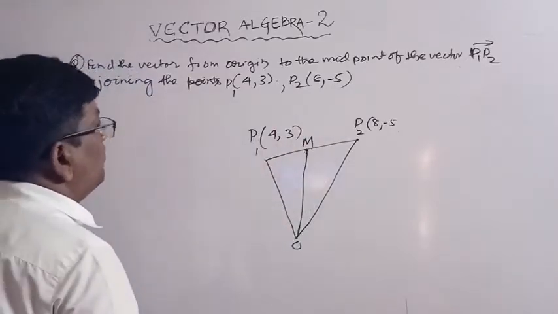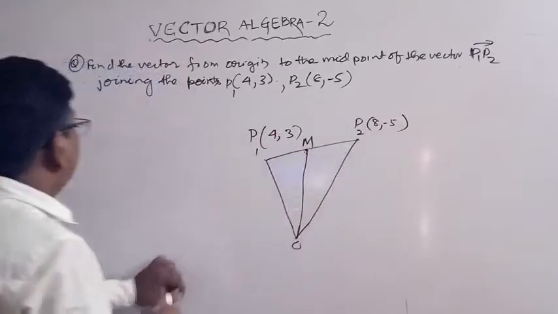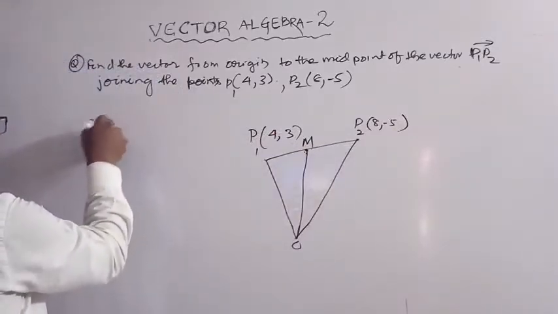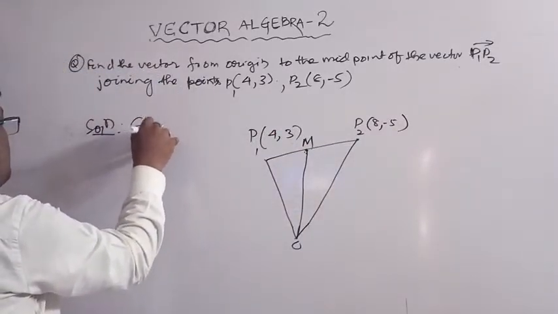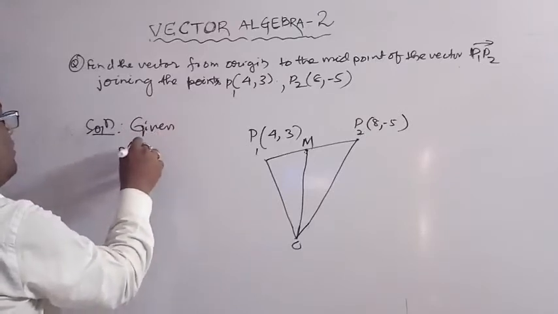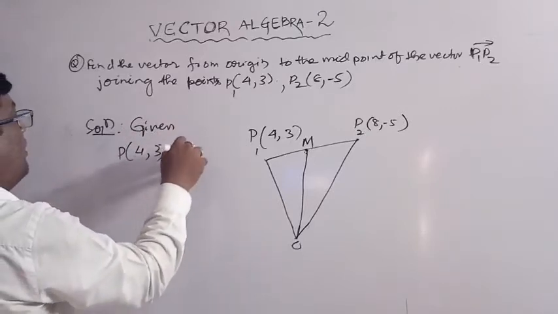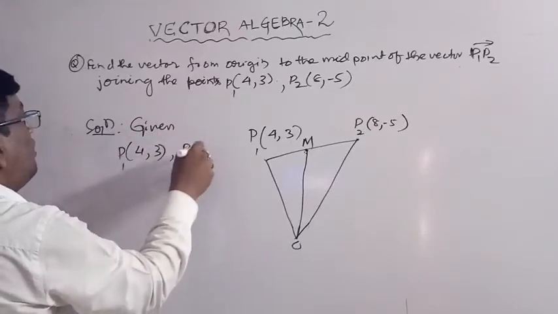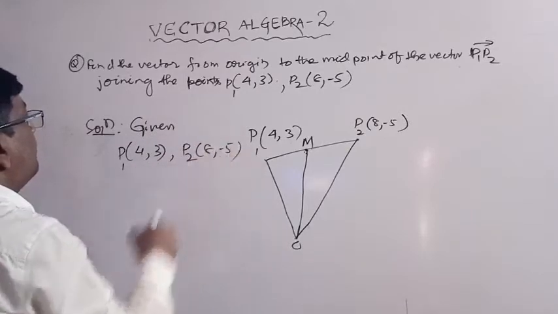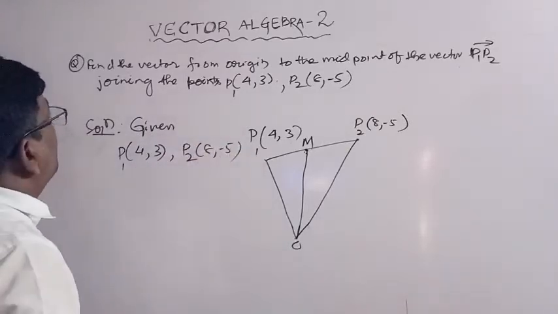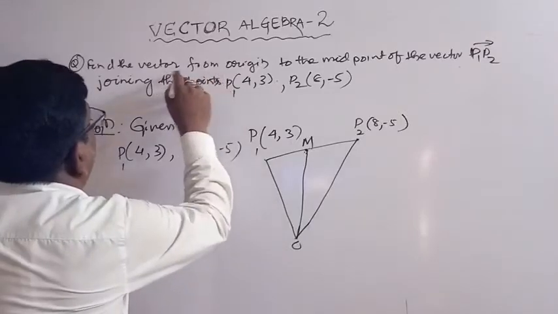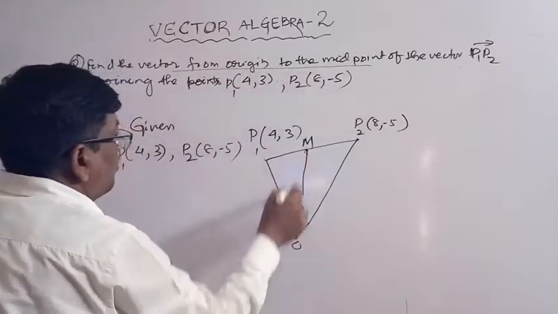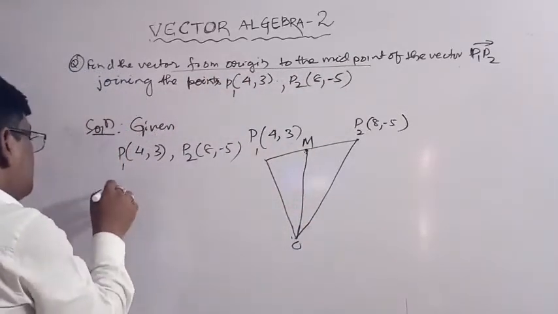Okay, so what is the midpoint formula? Solution: given P1 of 4, 3 and P2 of 8, minus 5. Then what is the question? Vector from origin to the midpoint, that is OM.